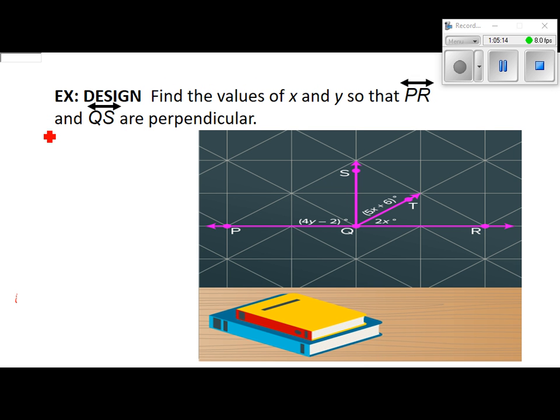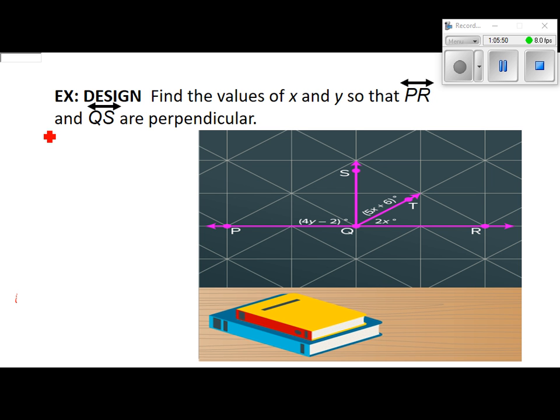Look at this one. What equation can we set up?